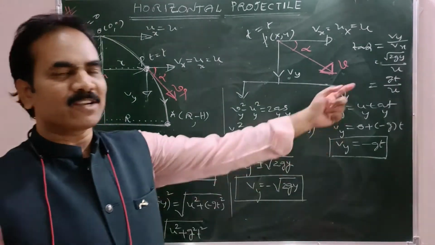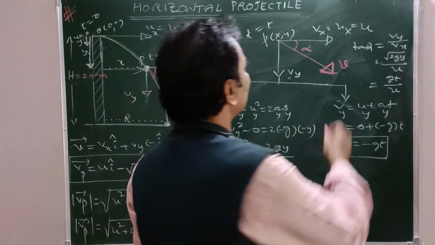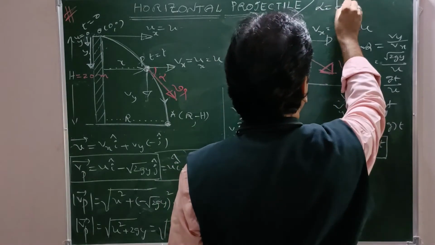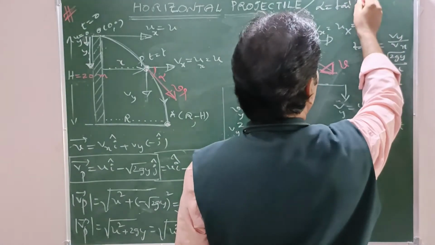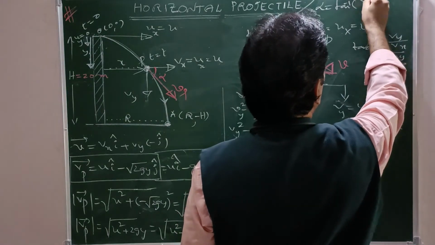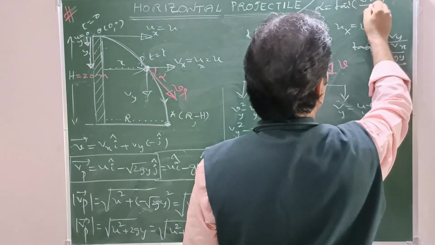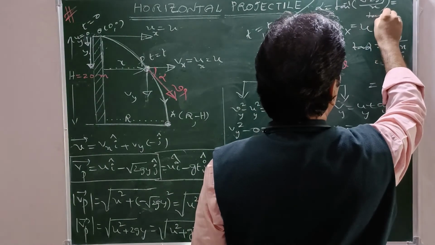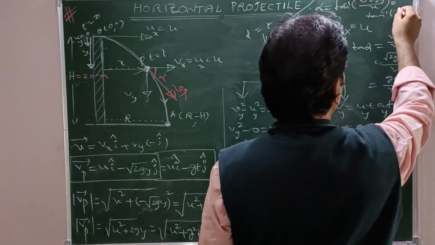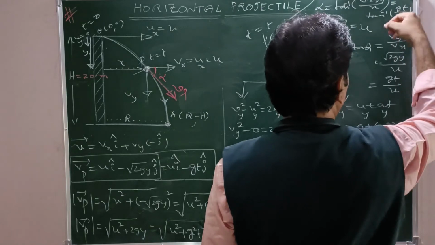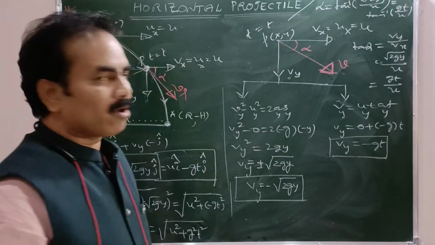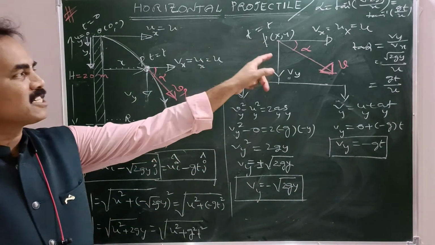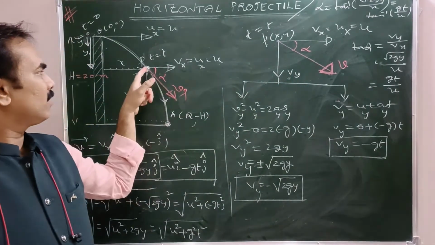Alpha equals tan inverse of root 2gy by u, otherwise tan inverse of gt by u. So that's how one can find the direction of motion of the projectile at a given time.